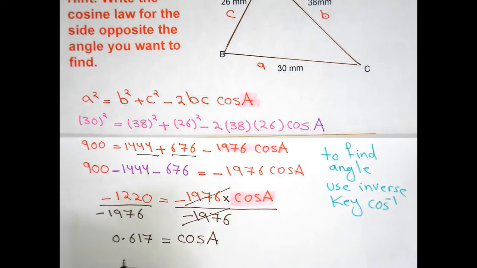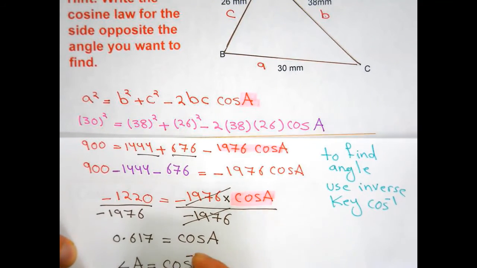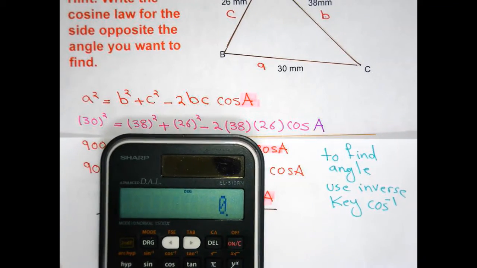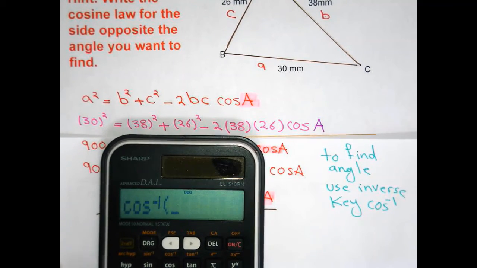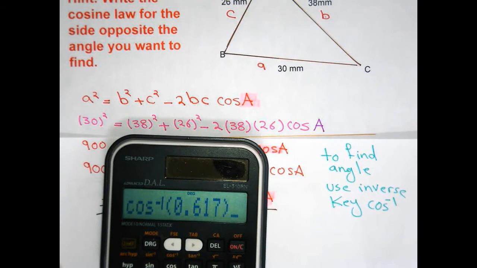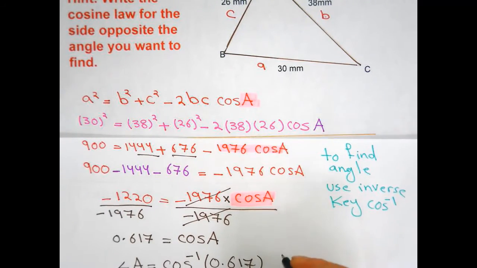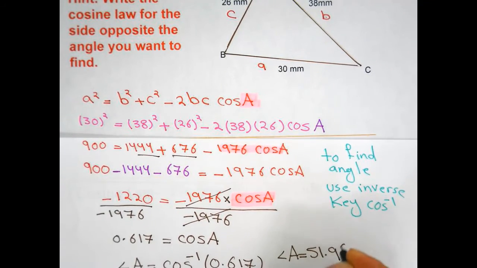That means that angle A will be inverse cosine of this number, so inverse cosine of 0.617, which is 51.9. So angle A is 51.9 degrees.